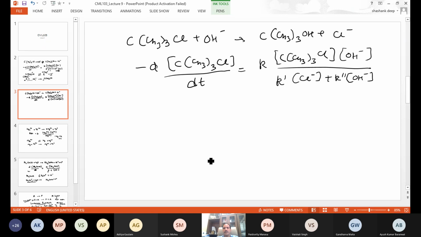Okay, now solve this. How many steps? 2 steps. So in this, which one is product and which one is reactant?